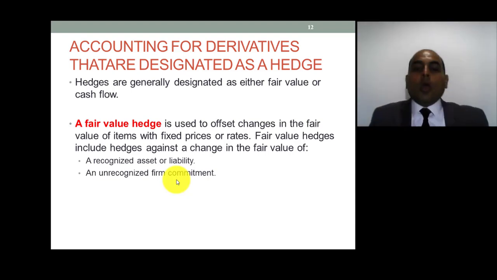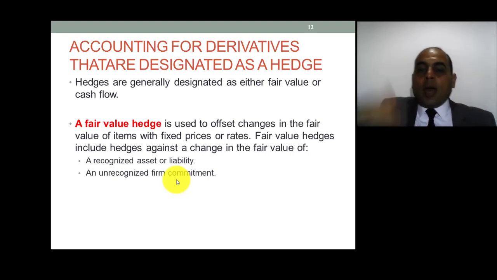Or suppose we entered into an agreement to buy corn after 2 months. Here we fear a decrease in the price as we bought.